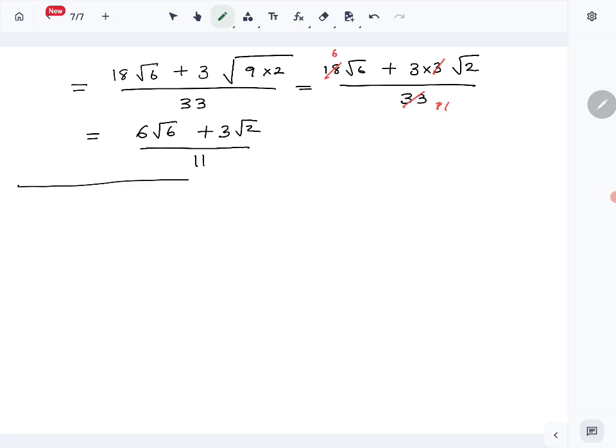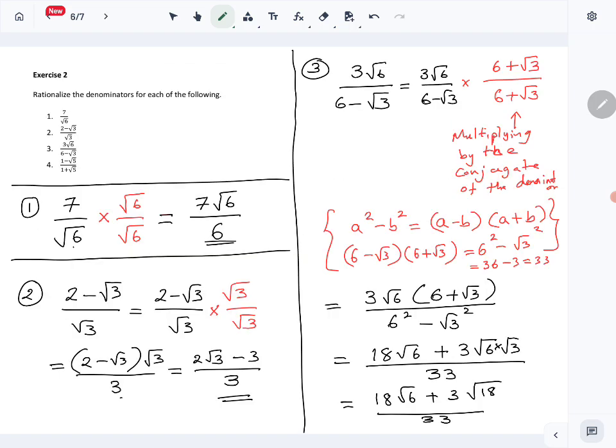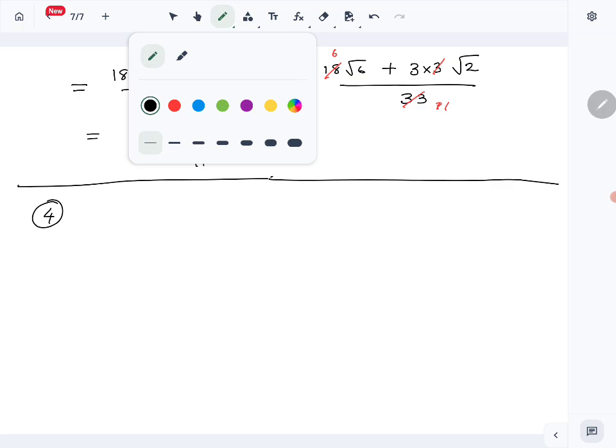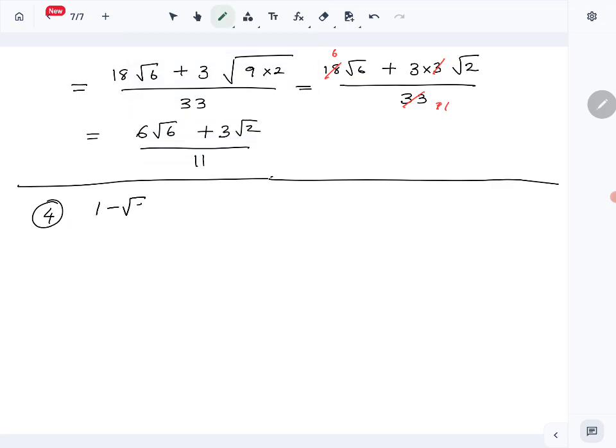Okay, let's do the last one. So 1 minus square root 5 divided by 1 plus square root 5. So again, there's two terms, no? So then you use the conjugate method.